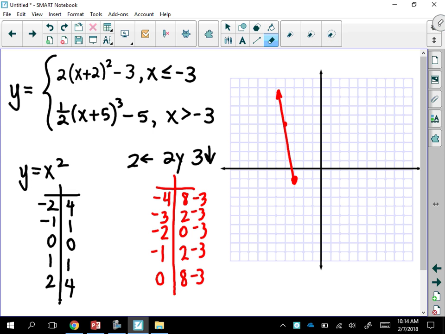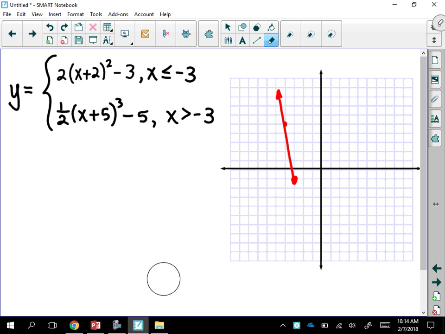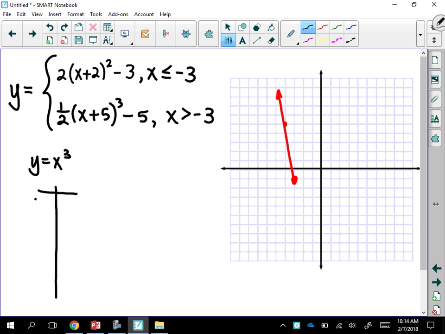All right. Next function that's given to us is the cubic function. And what are the points that are on a cubic function? What all am I doing to this parent function? Okay, 5 to the left, 1/2 times y, and then 5 down, in that order, again.